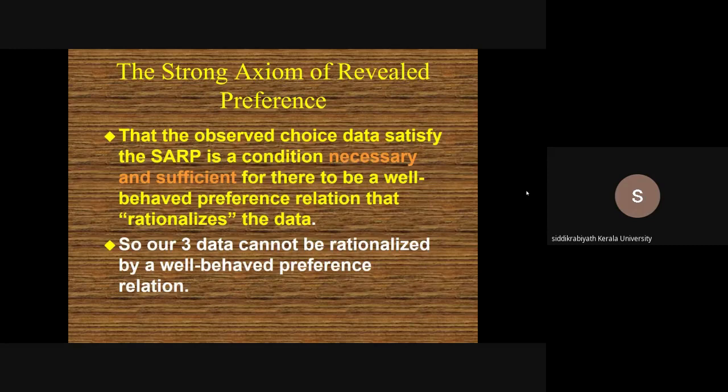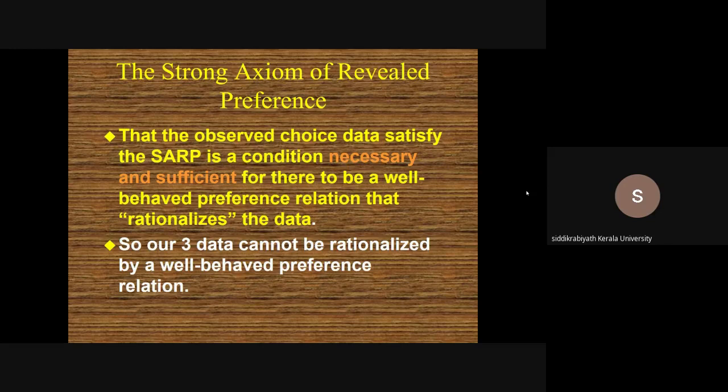revealed preference. So this is what the demonstration tries to make: the observed choice data satisfy the strong axiom of revealed preference is a condition necessary and sufficient for there to be a well-behaved preference relation that rationalizes the data.